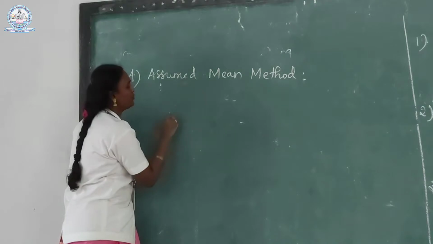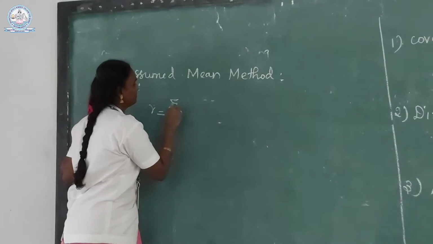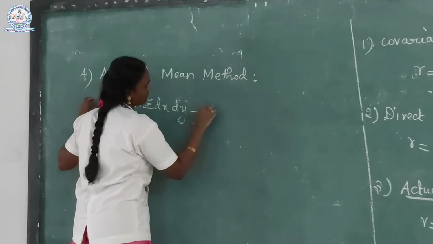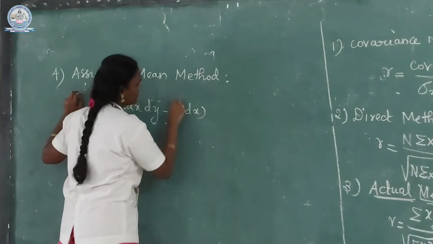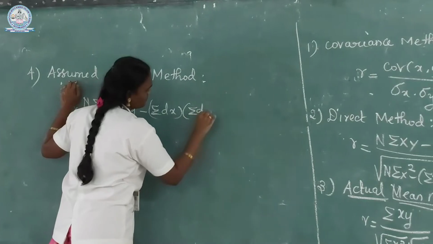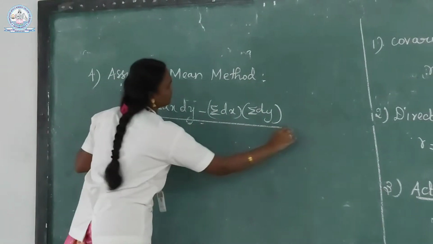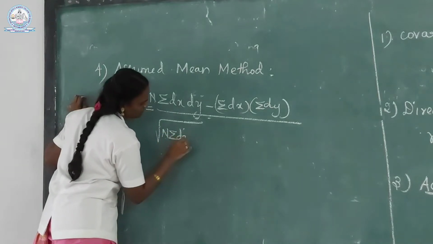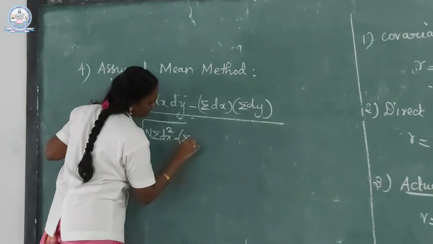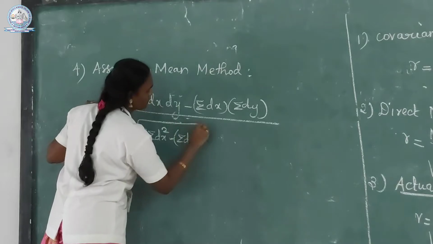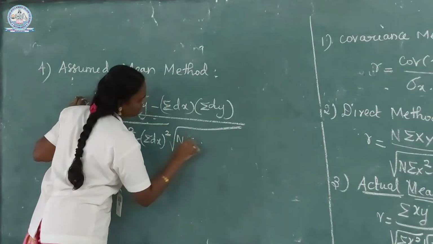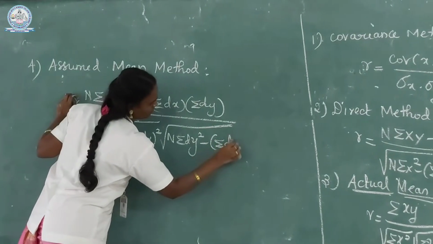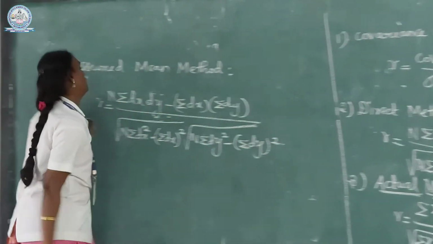The formula for the assumed mean method is given here.